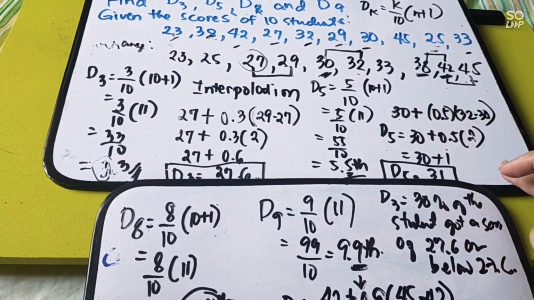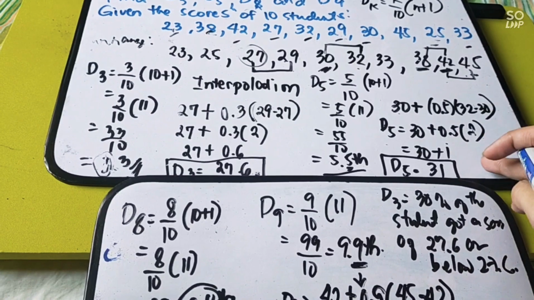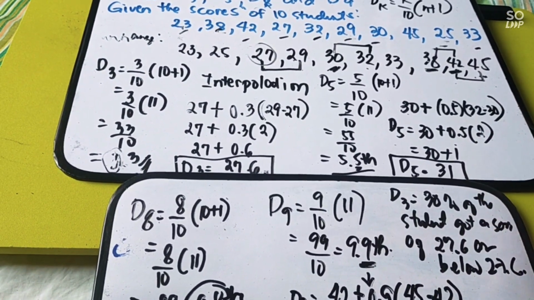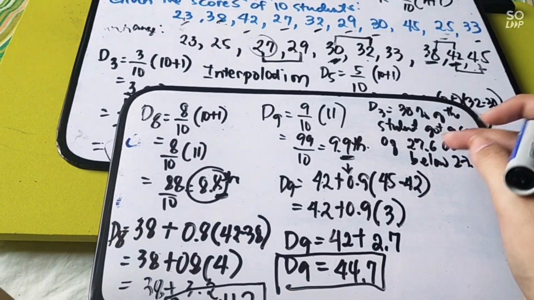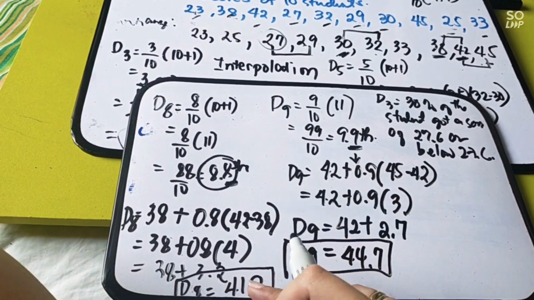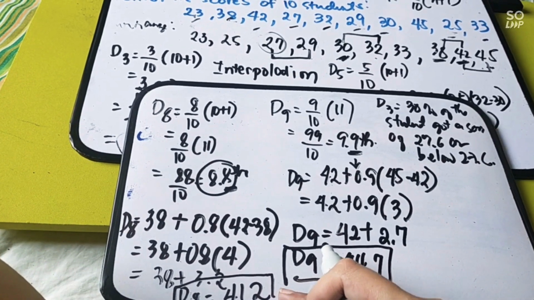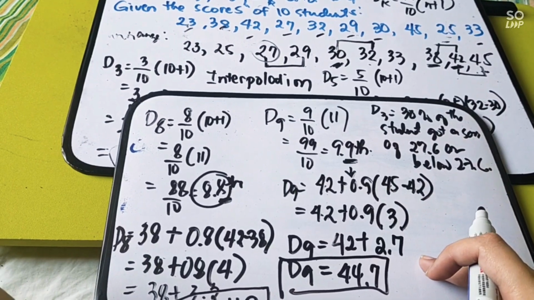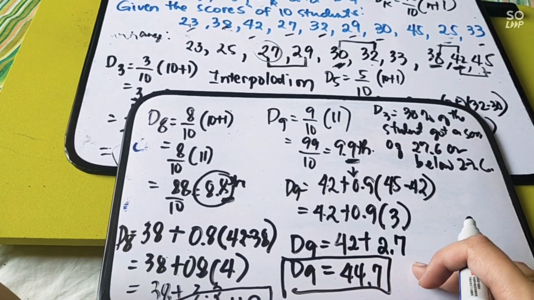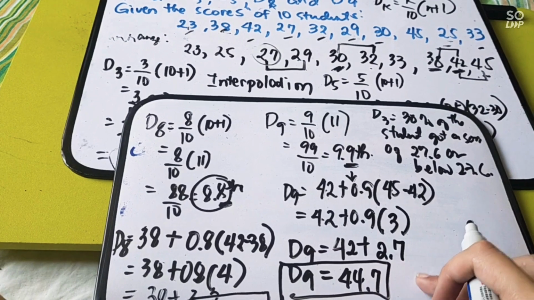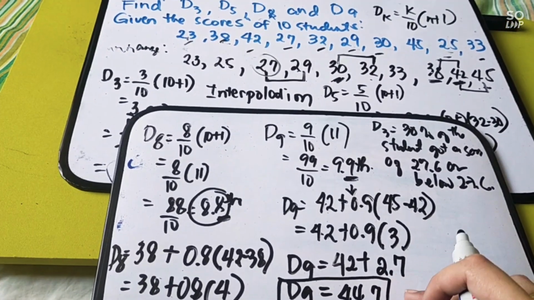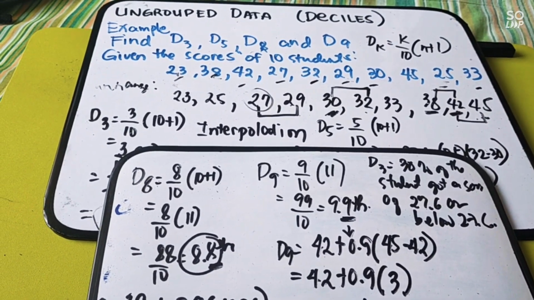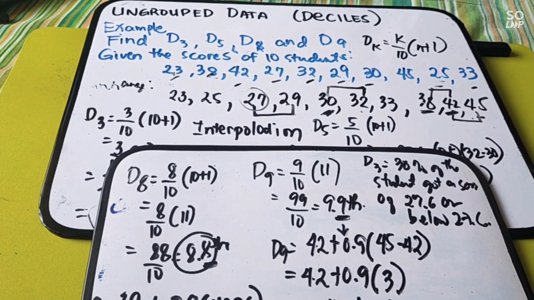Kapag naman decile 5, meaning 50% of the students got a score of 31 or below 31. Okay? Pag decile 8 naman, meaning 80% of the students got 41.2 or below 41.2. And then for 9th decile, we have 90% of the students got a score of 44.7 or below 44.7. Okay, so that is how you are going to find the deciles for ungrouped data.